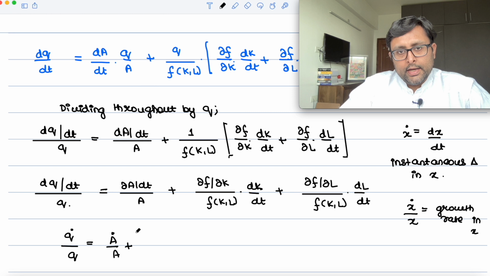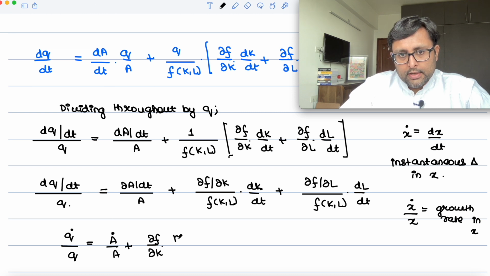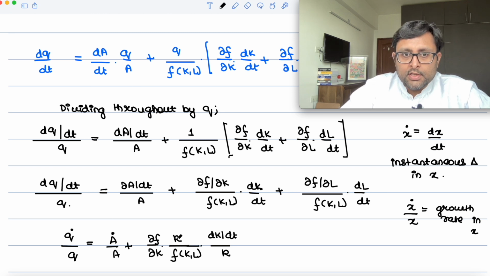Okay. Now, can I write this as this? Del F by del K into, can I just divide and multiply by K, right? This guy. So I have here multiplied and here I have divided. So I've just multiplied and divided by K. So there is no difference.